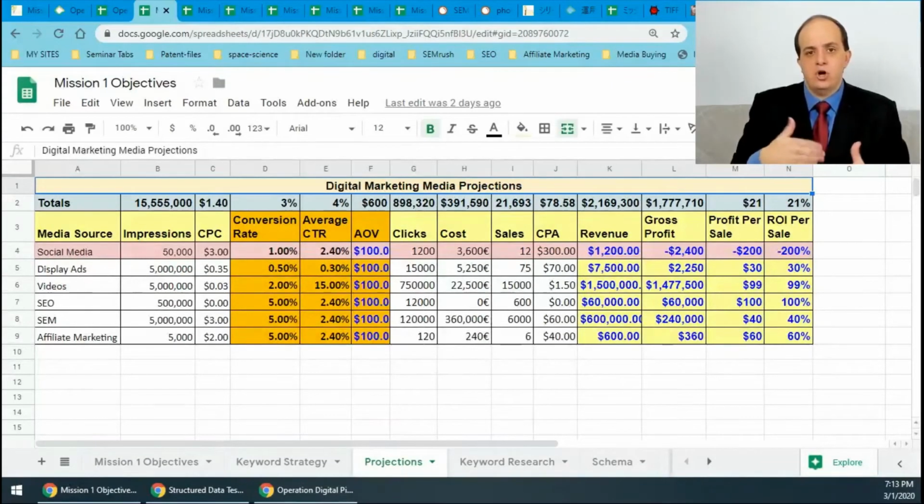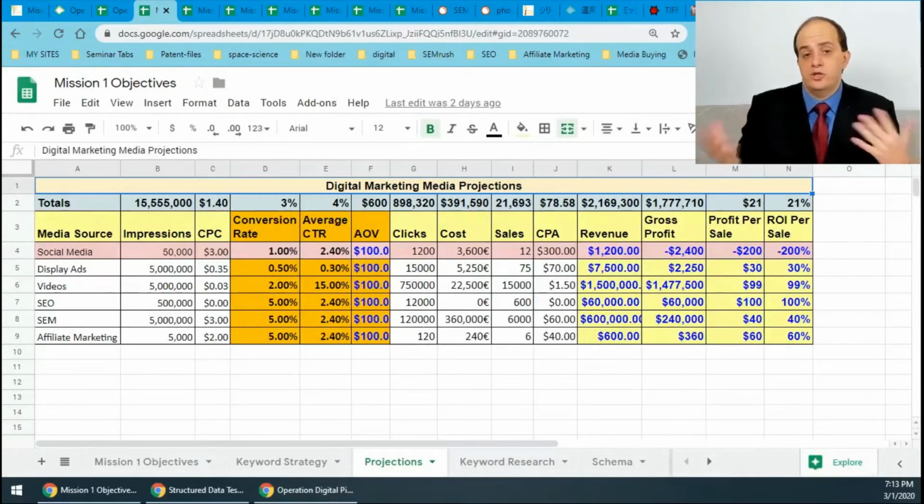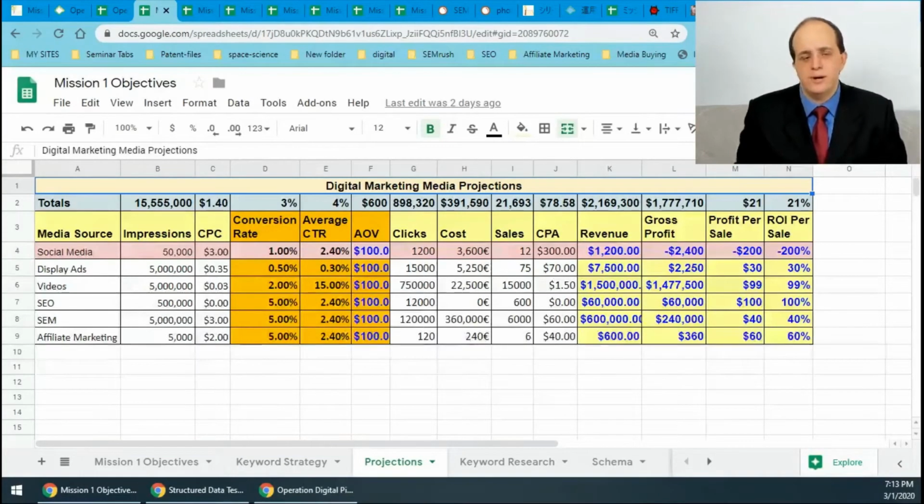People are not calling you and saying, "Hey, I want to look at your banner." No, they saw your banner, they clicked on it, and they decided whether or not you were good for them that way. That is going to deliver a much lower conversion rate than SEO or SEM, where people are currently looking for your product. They typed it into Google, they found you, and of course they're going to buy.